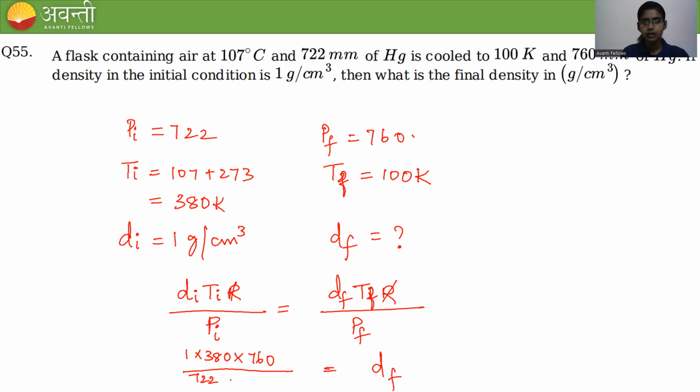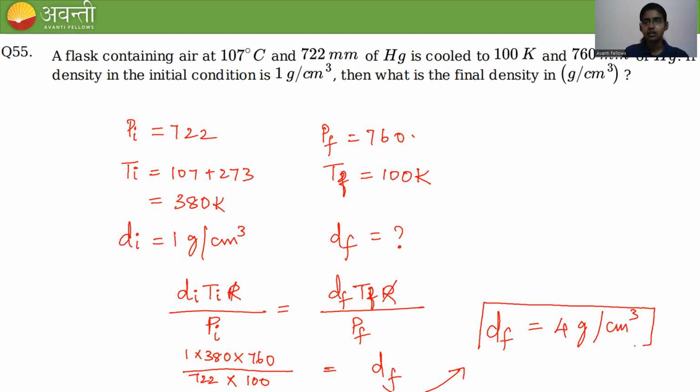Take that PF to the other side, to the denominator. So it is 100. So on solving this, we get the final density as 4 gram per centimeter cube. Okay. So this is the answer for this question.